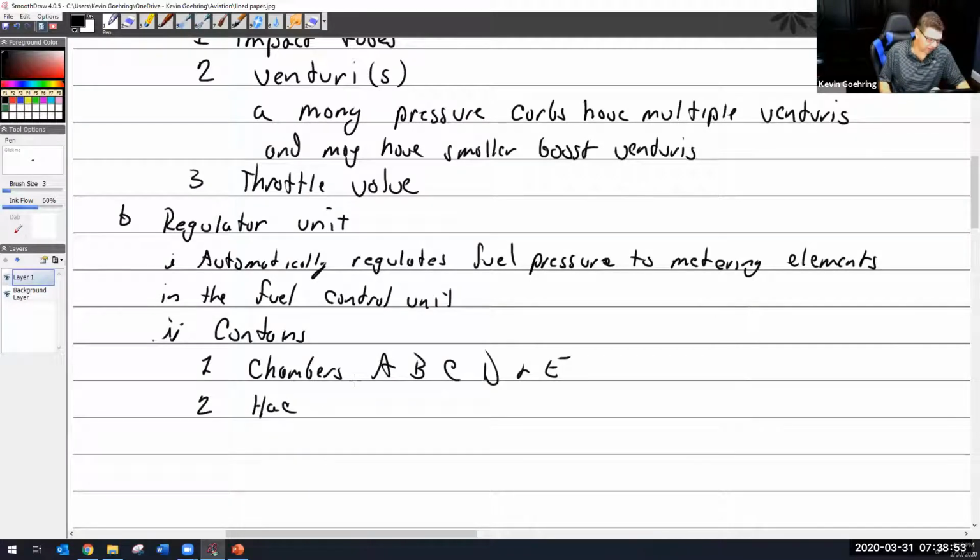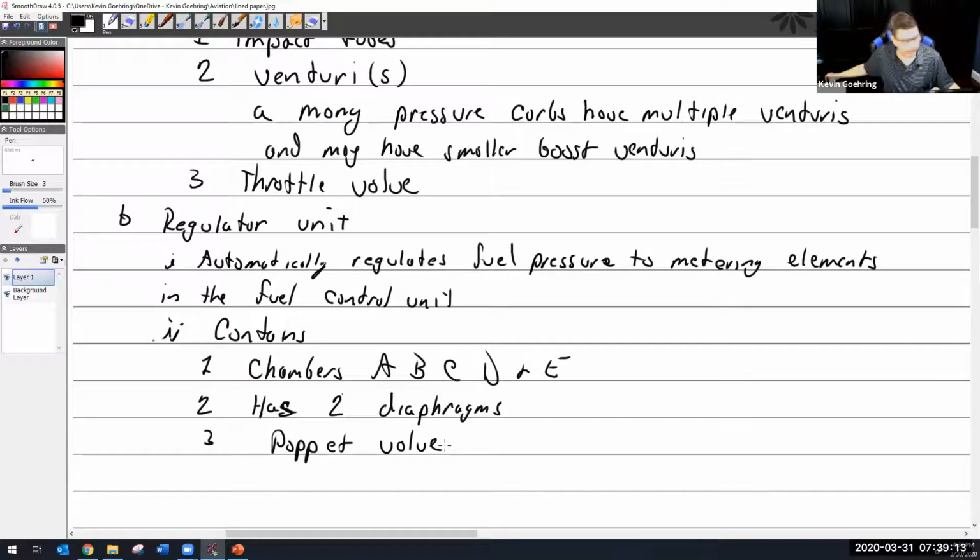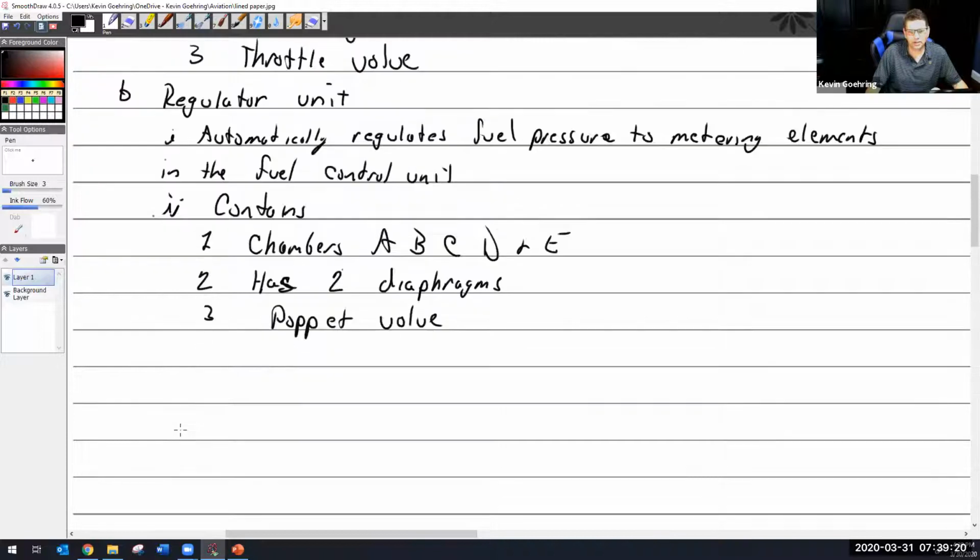It has two diaphragms. It has the poppet valve. Not the puppet valve, that's something completely different. The poppet valve. All right, so that is my regulator unit, which we spent most of the time talking about.